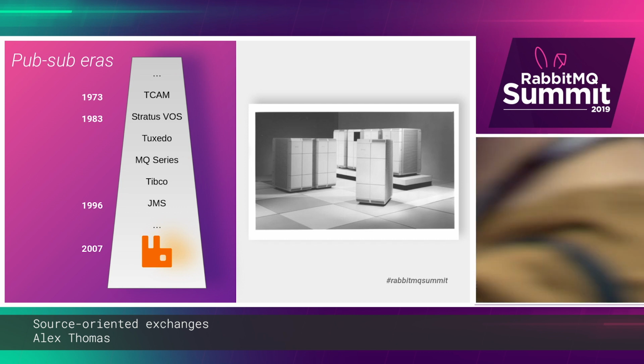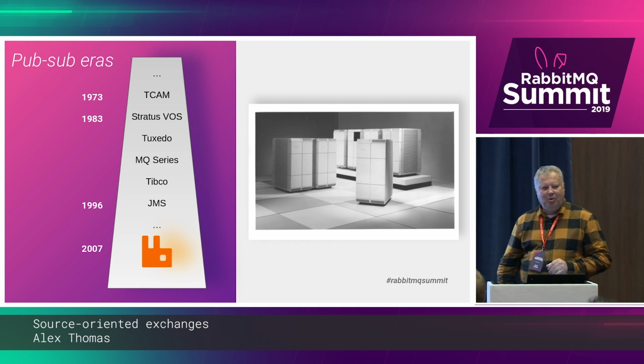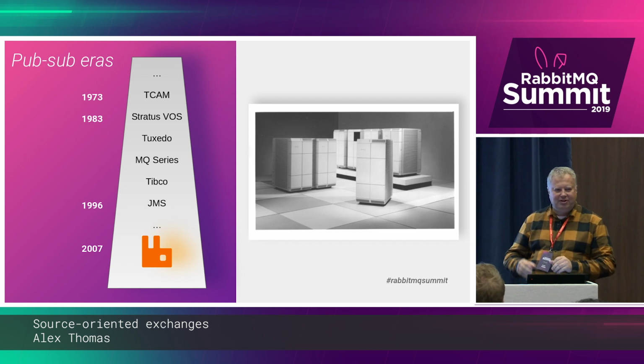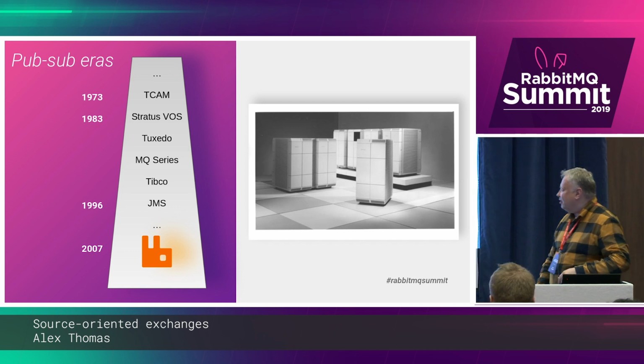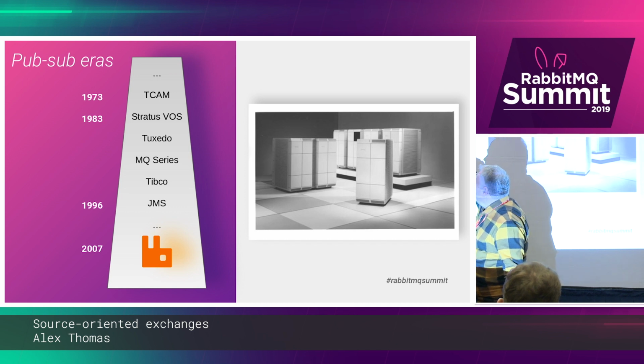Talking about going back in time, the publish-subscribe pattern has been around for a long time. I think Wikipedia says it started in 1987 or something, but you can trace it a fair bit back beyond that point. I think I come in about here.